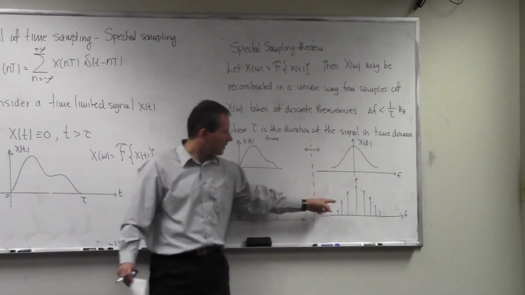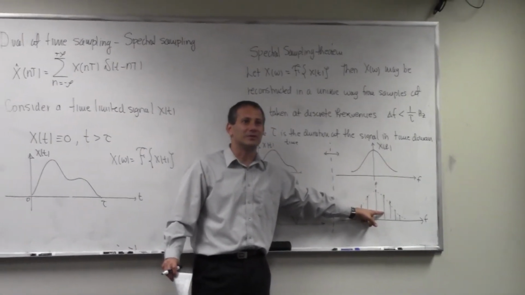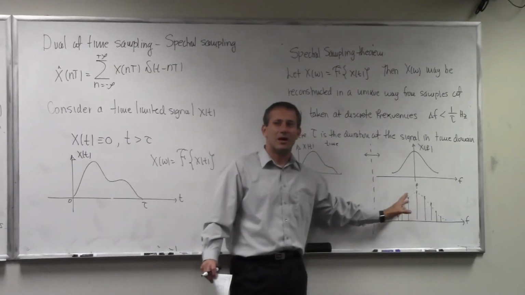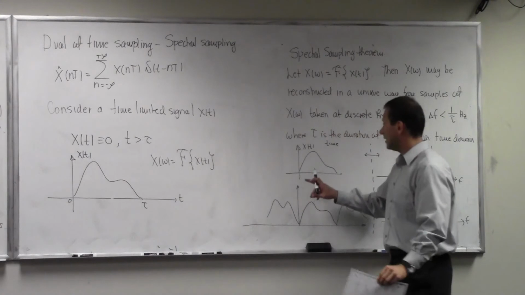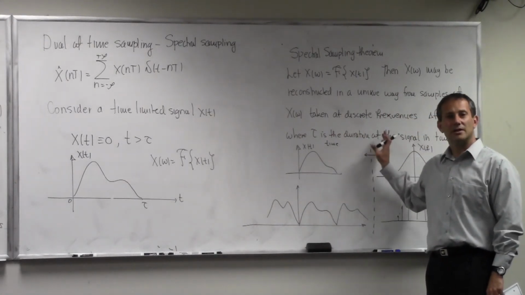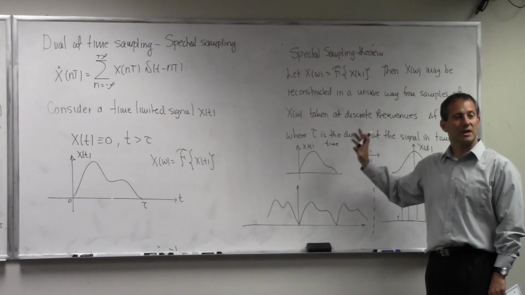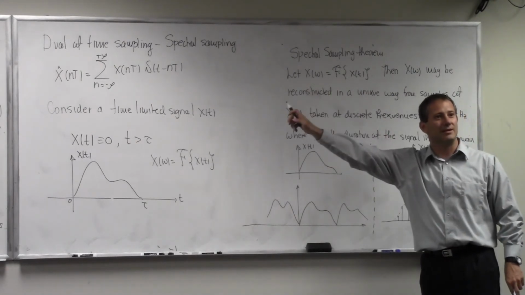So guess what I'm drawing here? I'm drawing Fourier series coefficients, right? So now we've gone full circle. If I sample in the time domain, I'm periodically extending in the frequency domain. So if something is discrete in one domain, it's periodically extended in the other.